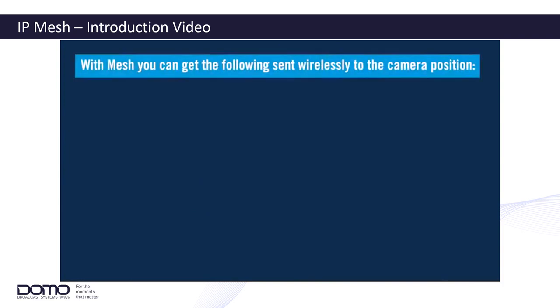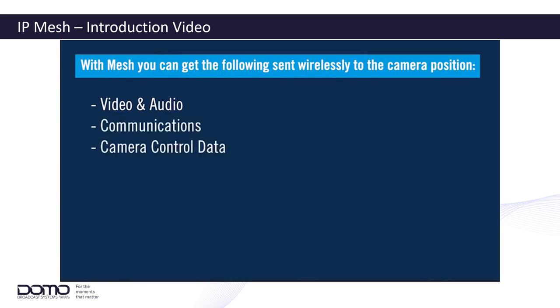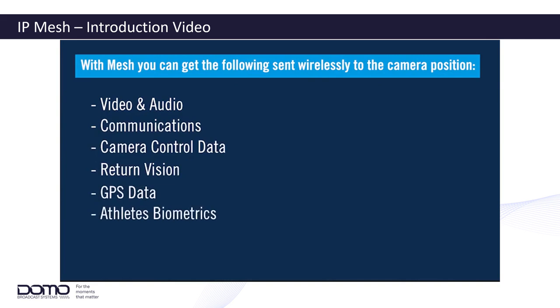Working with mesh, it is possible not only to have video and audio wirelessly from a camera, but to have communications, camera control data, return vision, GPS data, athletes' biometrics, vehicle parameters, and even auto cue data on the same network. This can greatly simplify rigging of multiple different systems and all on a single frequency, rather than separate links.